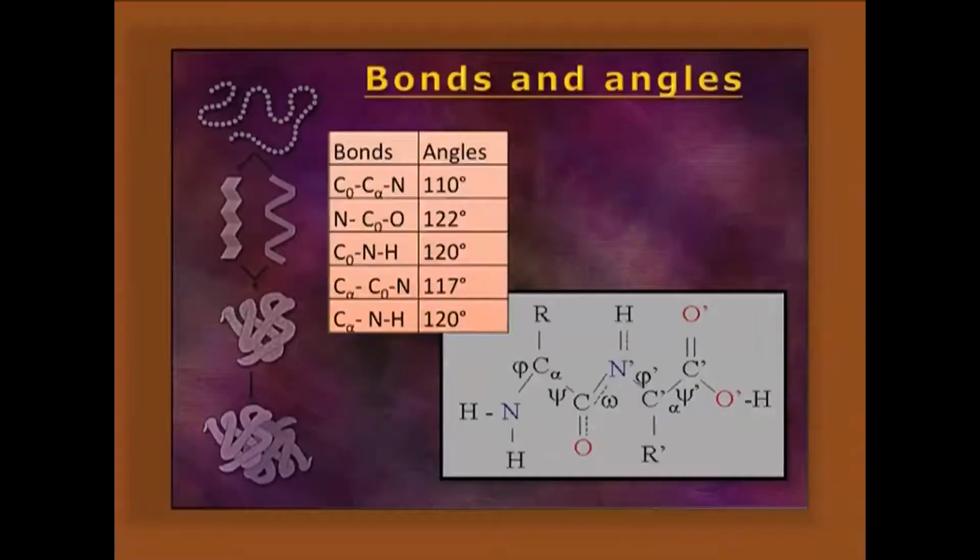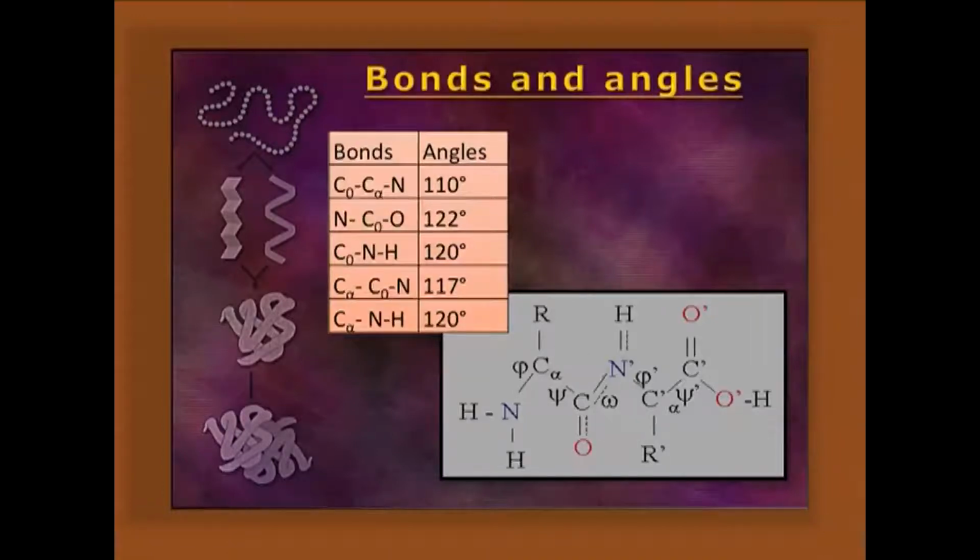Now, here are the bonds and their corresponding angles involved to make the peptide structure. What are they? C-C alpha-N is 110 degrees, N-C-O is 122 degrees, C-O-N-H is 120 degrees, C alpha-C-N is 117 degrees, C alpha-N-H is 120 degrees. The C-C bond length is 1.54, C-N is 1.48 angstrom, and C-O is 1.43 angstrom.